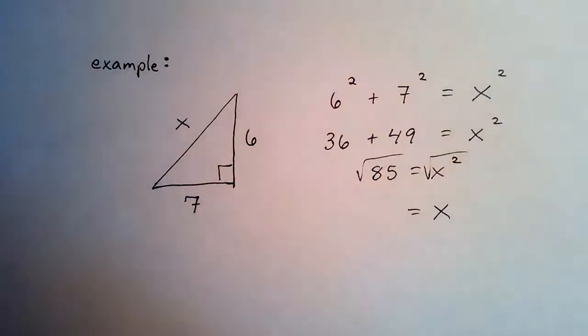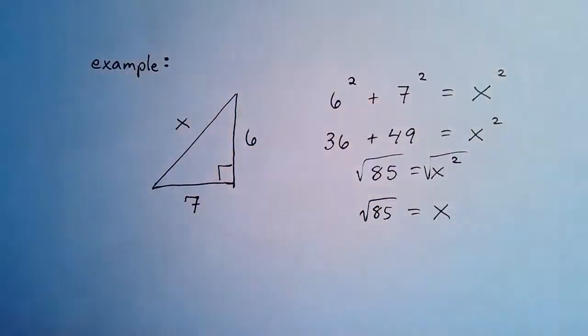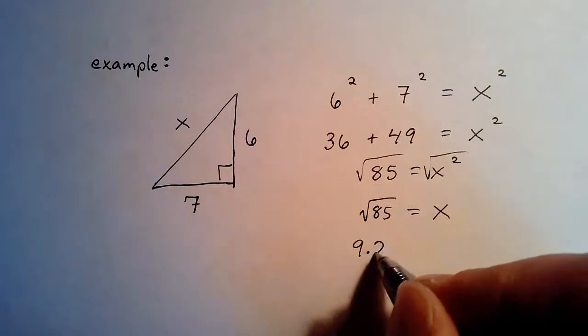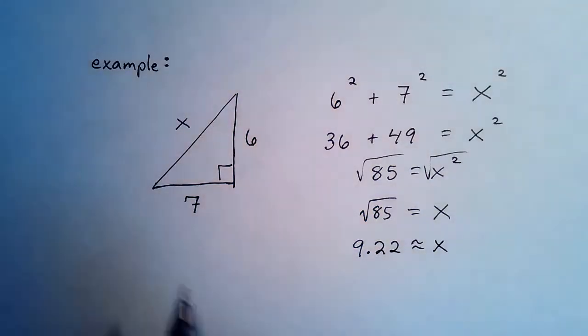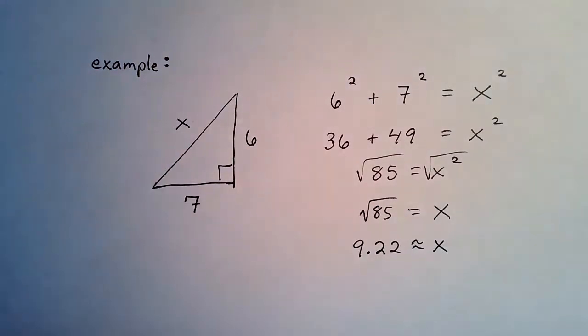And then the square root of 85, that one doesn't reduce any further, and we can leave it as the square root of 85, or we can do the decimal approximation of 9.22. So the hypotenuse is approximately 9.22 units in length.